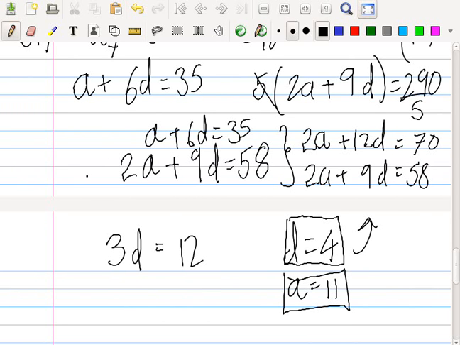You don't have to multiply the two of them, no. When I put the d in, it's 9 times 4, 36. And then you take that to the right, 58 minus 36 is 22. And then I divide it by 2, so that's 11.